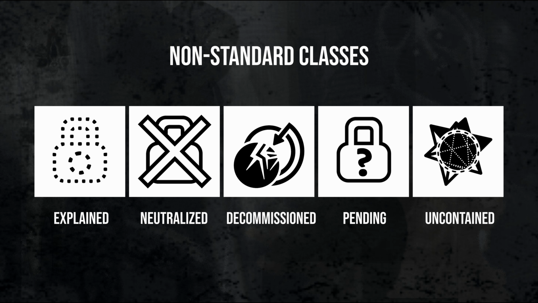Finally, the Uncontained class describes entities that are, in fact, uncontained. Many entries with Keter and Euclid classes are effectively uncontained, and some entities, like SCP-3005, have Uncontained listed as a primary class. I'd like to tell you more about this anomaly, but it is quite hard to describe, if possible at all, so I'd suggest taking a look at it yourself, especially the testing part.